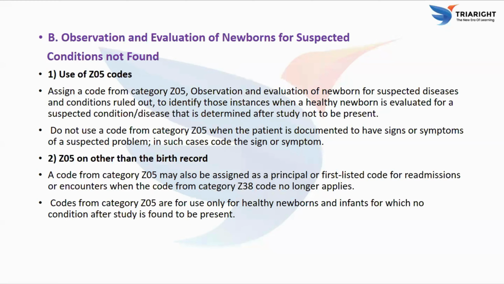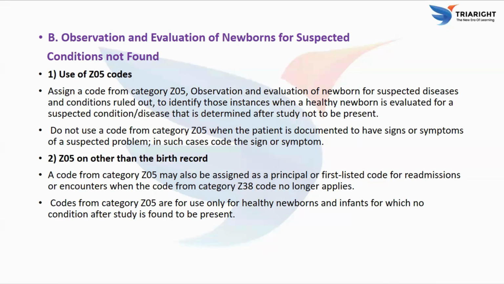You have to assign a Z05 code when a healthy newborn is evaluated for a possible disease or condition. After study, the condition is ruled out, and the baby has no signs or symptoms. So when should you not use Z05? Do not use Z05 if the baby has signs or symptoms.